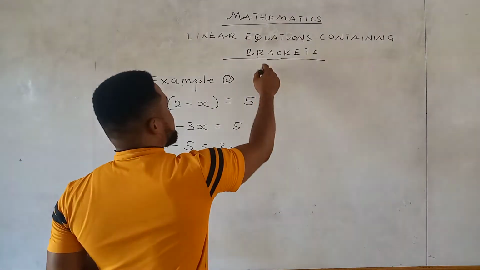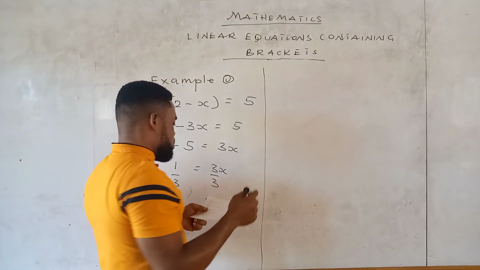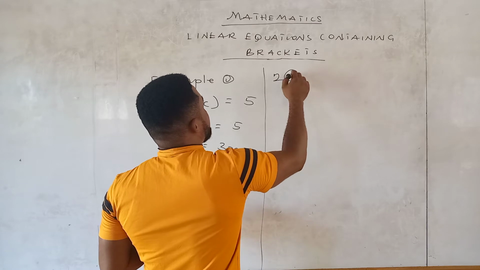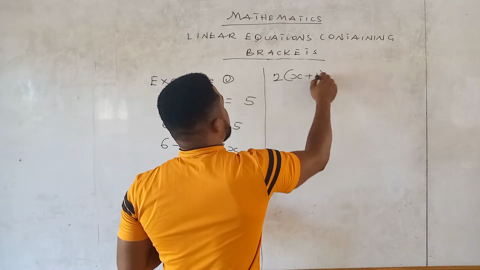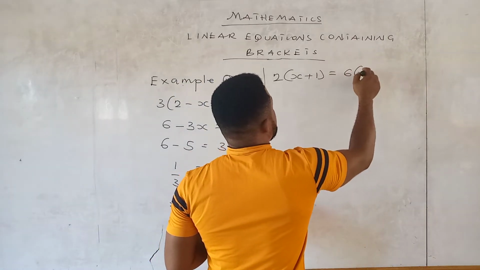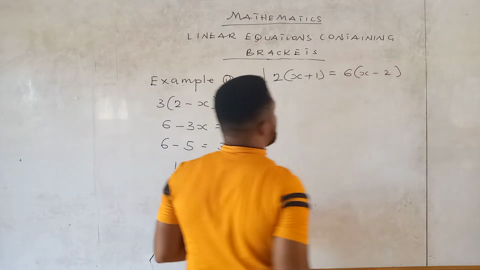So we shall take our second example. We have 2 into bracket x plus 1 equal to 6 into bracket x minus 2. Good.